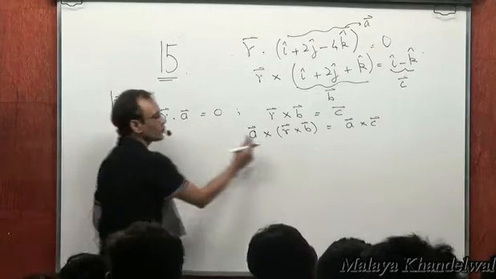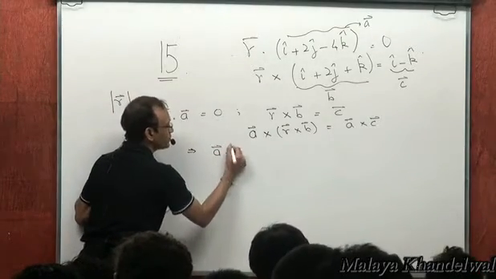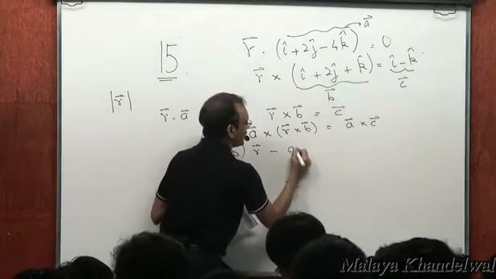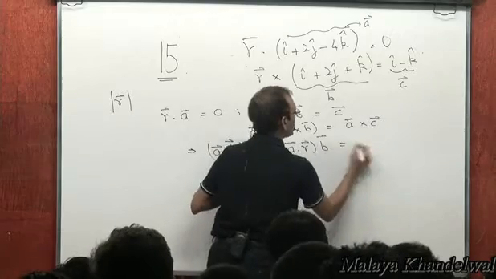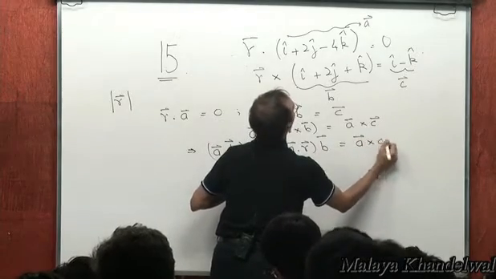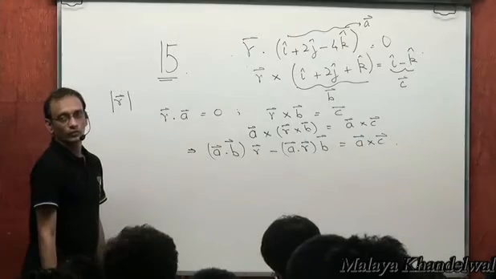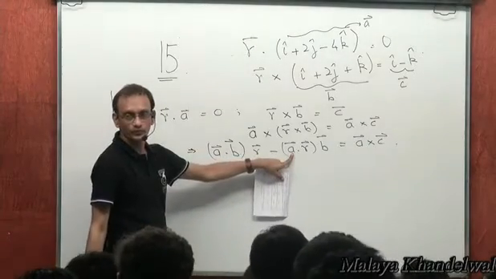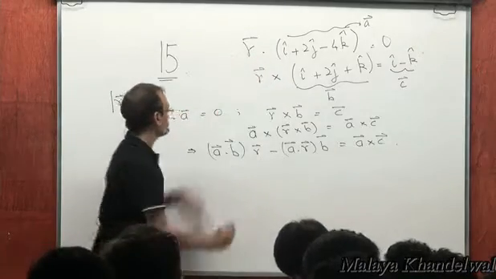So the vector triple product is going to give me (A dot B) into r minus (A dot r) into B is A cross C. But A dot r is 0, that's given.